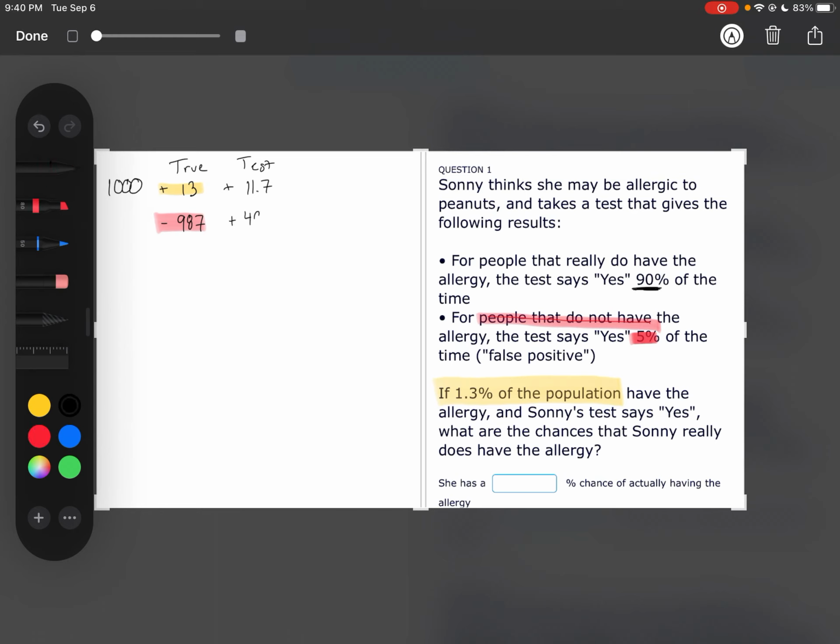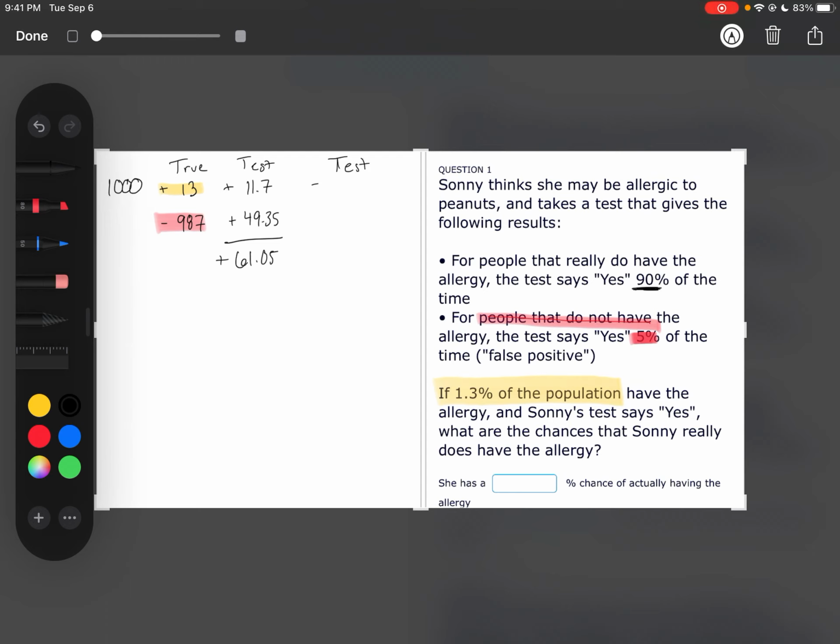And what that's going to give us is a positive test of 49.35 people. So what this is saying is just under 50 people that are not allergic are in fact going to get a positive test. Okay, so basically using that, we can determine the total number of people that test positive is 11.7 plus 49.35, so 61.05 people test positive.